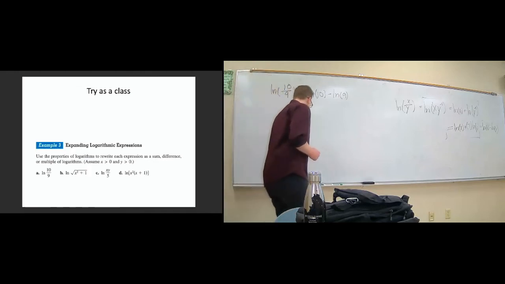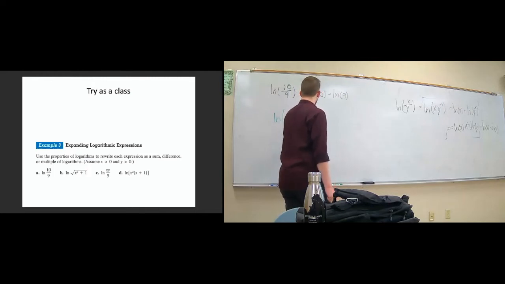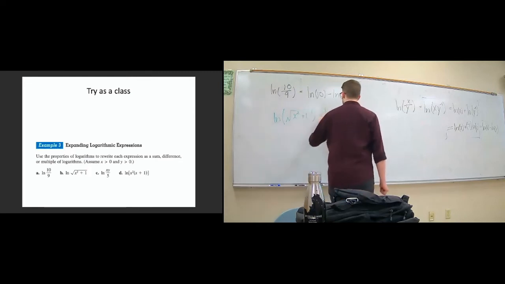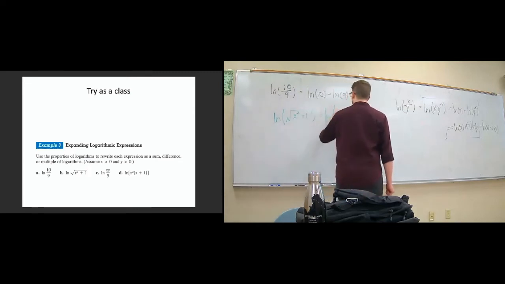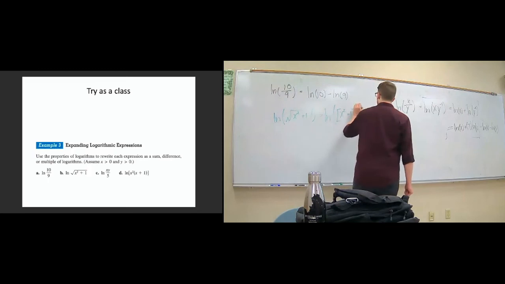B, the ln of the square root of x squared plus 1, that's going to be equal to the ln of the quantity x squared plus 1 raised to the 1/2 power.